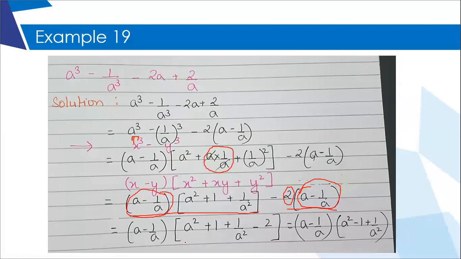After that, if you see this bracket, you have got two pure numbers, plus 1 and minus 2. So plus 1 and minus 2 will give you -1, and that is what I have shown in my next step. So a minus 1 upon a is copied as it is. Second bracket, it will be a square minus 1 plus 1 upon a square.